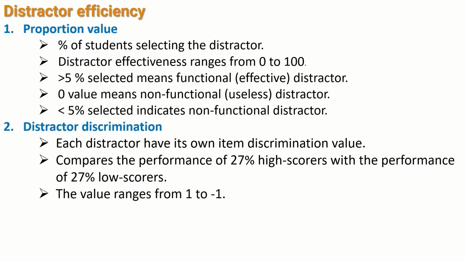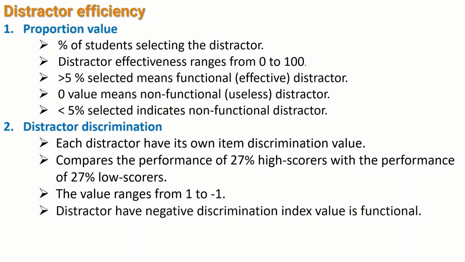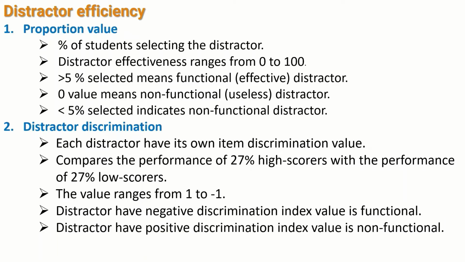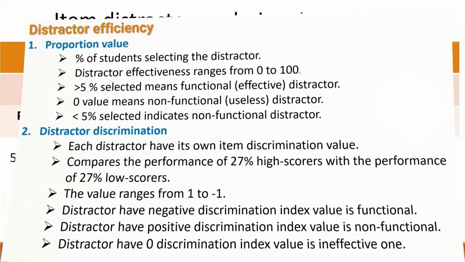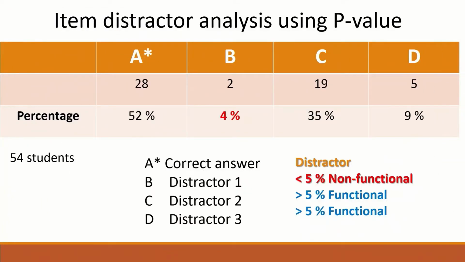The value ranges from 1 to -1, and a distractor that has a negative discrimination index value is considered to be functional, and a distractor that has a positive discrimination index value is considered non-functional, and a distractor with a 0 value of ID indicates that it is an ineffective one that needs to be replaced, rephrased, or rewritten.